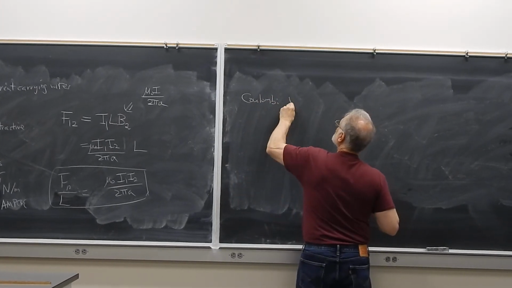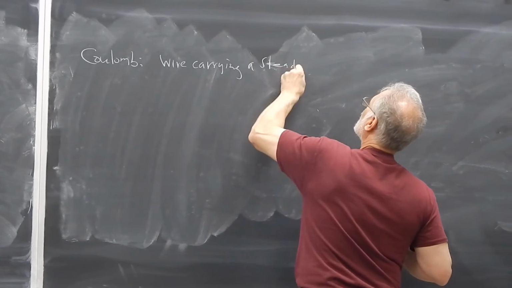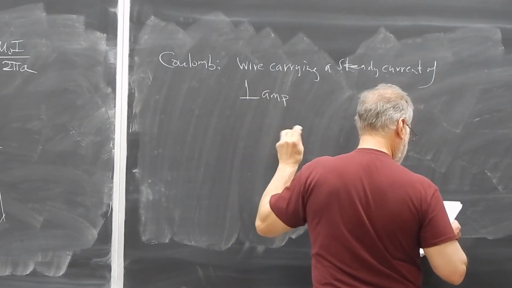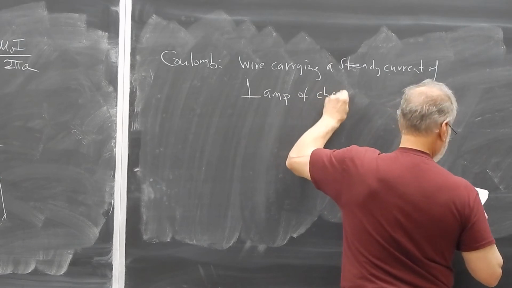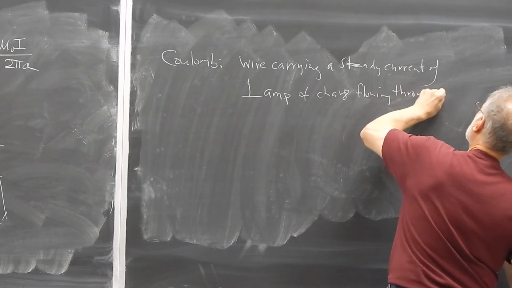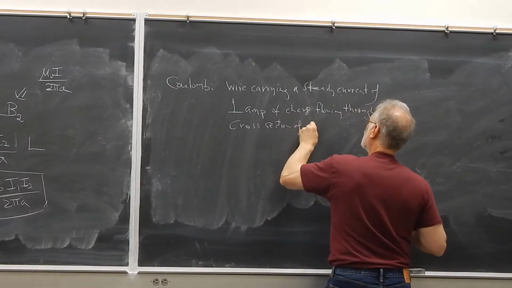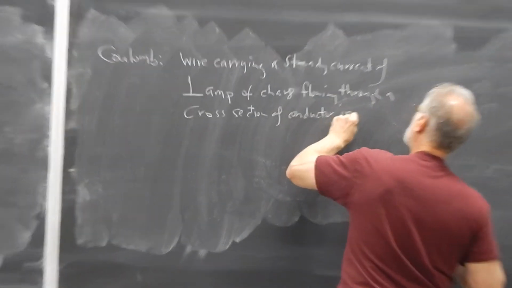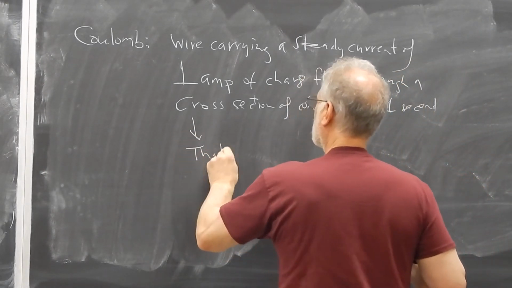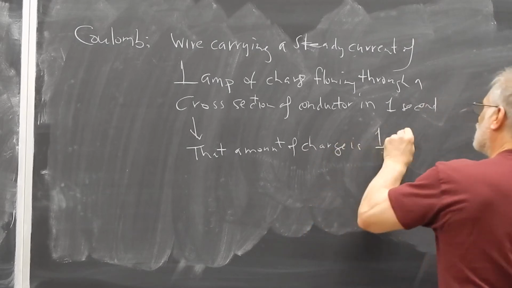Coulomb, that says a wire carrying a steady current of 1 amp, the amount of charge flowing through a cross section of conductor in 1 second, that amount of charge is 1 Coulomb.